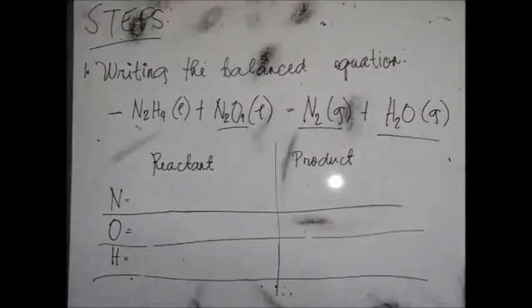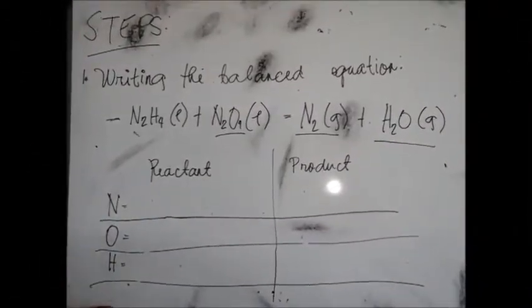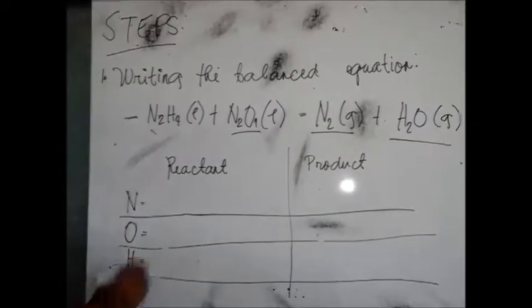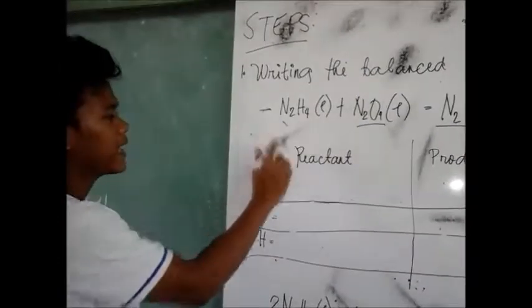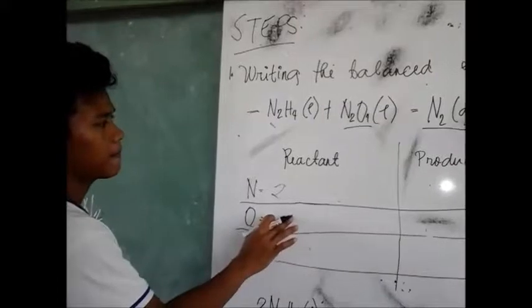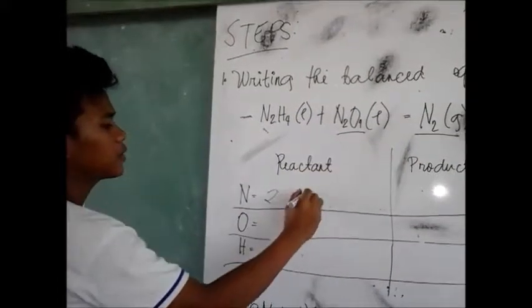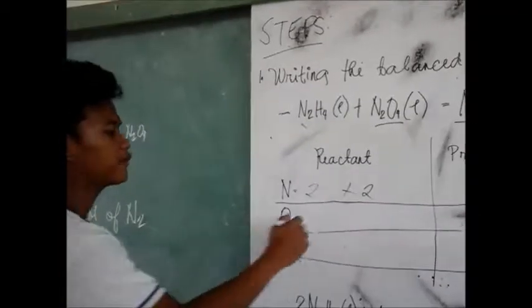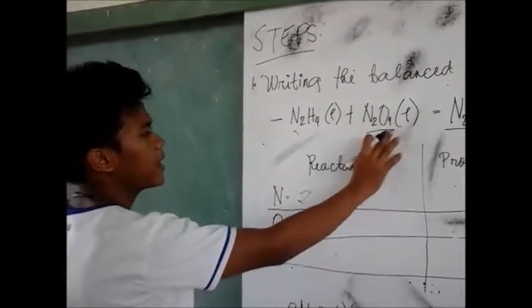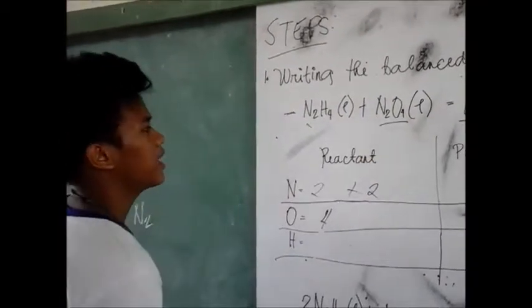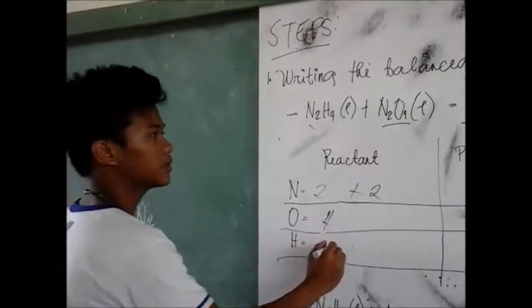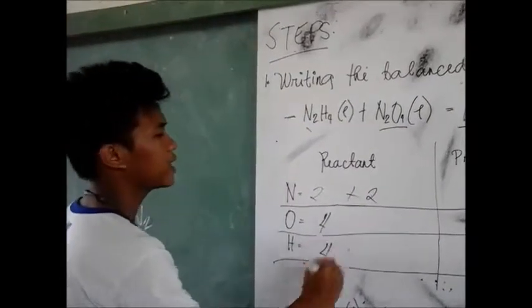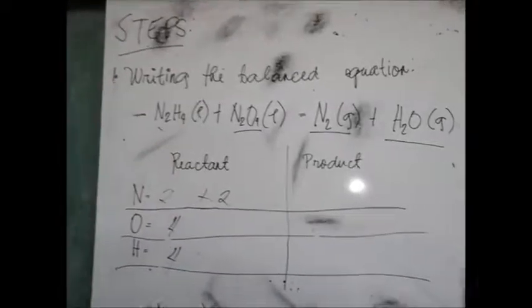Write first the atoms of the elements on the reactant side. Nitrogen in the first compound has 2 atoms. In the second compound, we have 2 atoms again, while oxygen has 4 atoms in the second compound, and hydrogen has 4 atoms in the first compound.